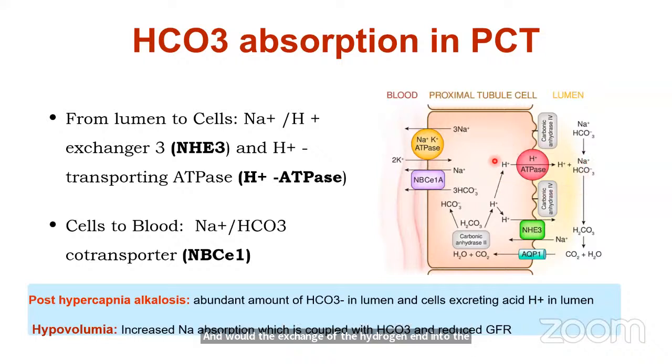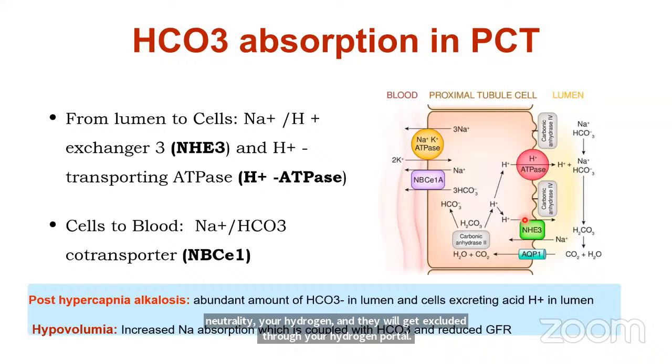To maintain electrical neutrality, when the sodium, the positive ion, moves from your lumen inside the cells, your lumen is getting more negative. So to maintain the electrical neutrality, your hydrogen ion will get excreted through your hydrogen ATPase pump, as well as your sodium hydrogen exchanger.